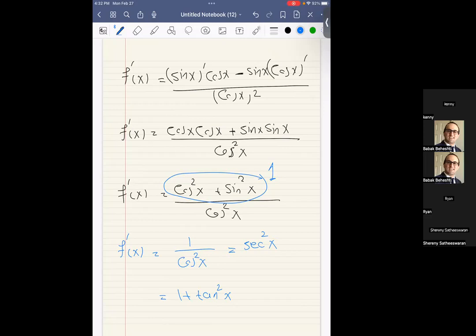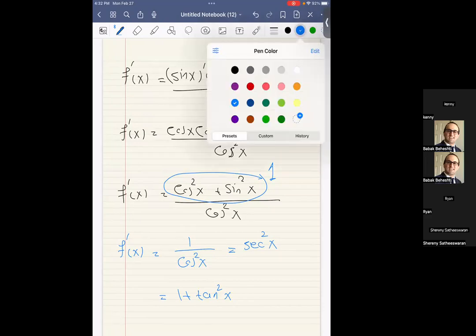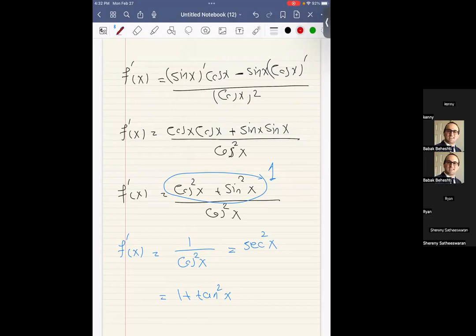That's a grade 11 exercise. 1 plus tangent squared is equal to secant squared. It could be an exercise in grade 11, trig identities. Right? So 1 plus tangent squared x is equal to secant squared x.